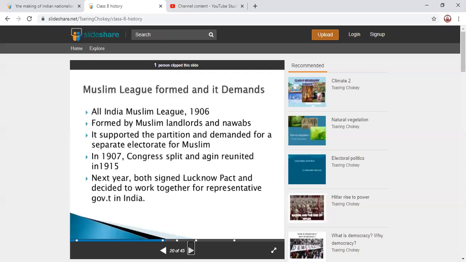They supported the partition of Bengal and later appealed to Viceroy Lord Minto, M-I-N-T-O, for separate electorates, for separate constituencies in which only Muslim candidates can contest in elections.